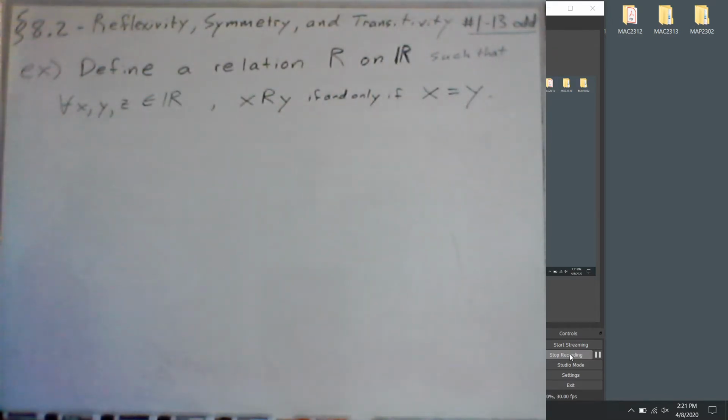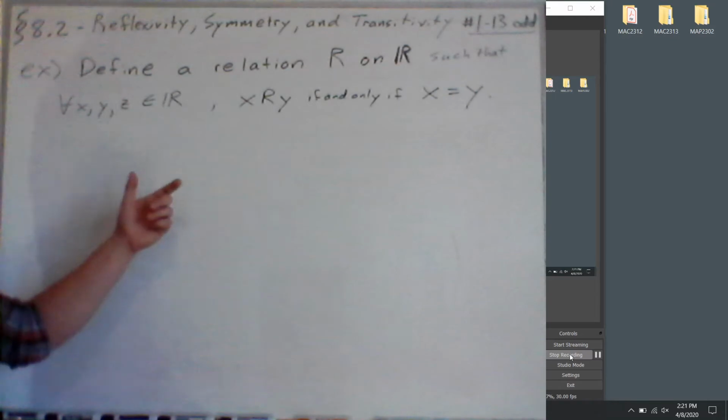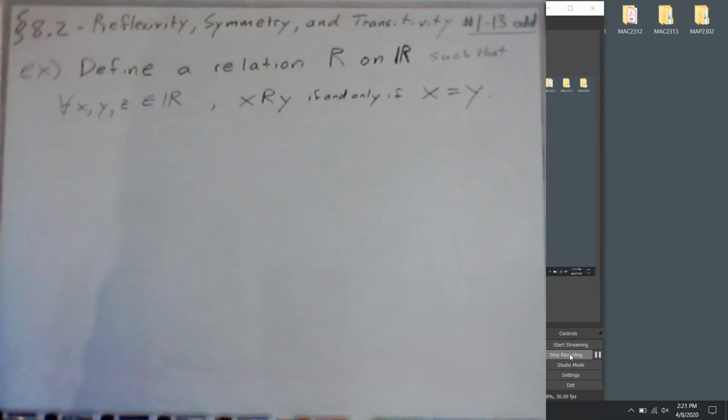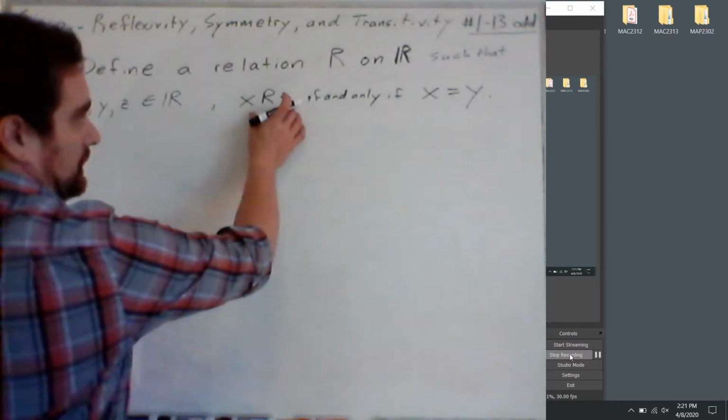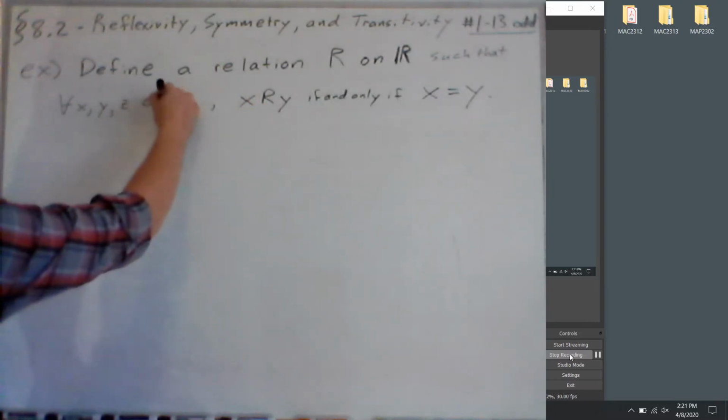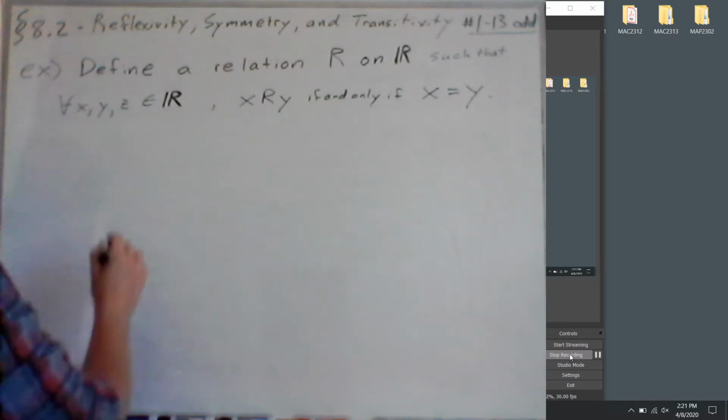Let's say we have this relationship where if we take two elements and they have the equality, then they're in that relationship. You can show that, in this case, we're talking about the exact same element since we're boiling it down into the real numbers.